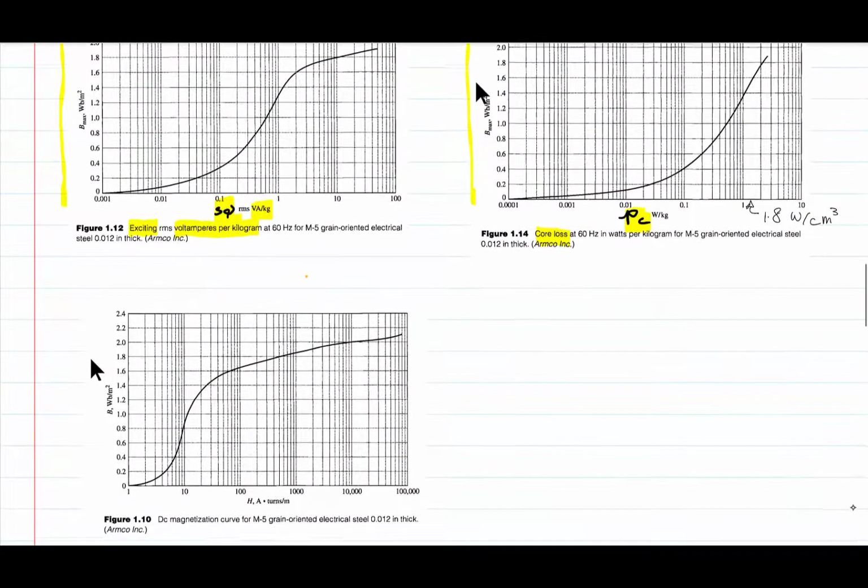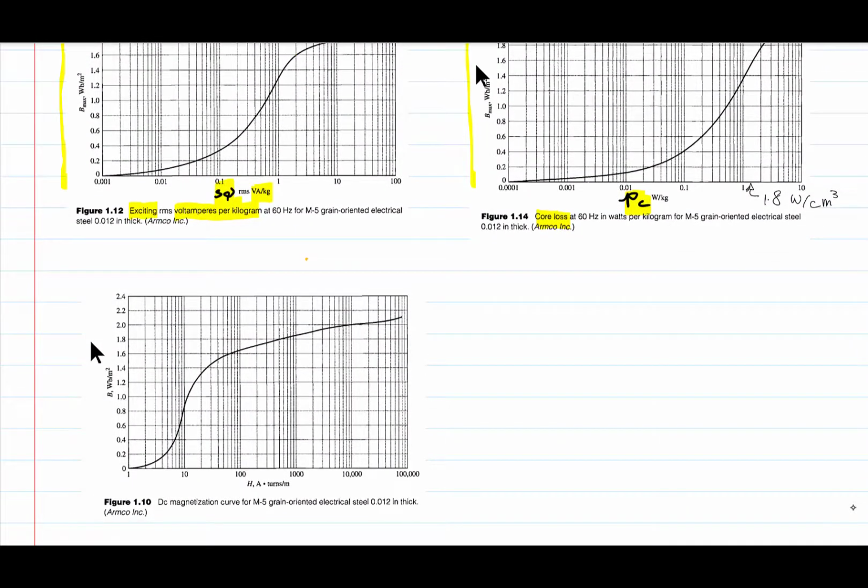Another important thing that we can use is the BH curve. We have here on the y-axis B in Webers per meter squared or Tesla, and H in ampere turns per meter. This is also referred to as a DC magnetization curve. But what does it really give us? It can be confusing, but remember that you can use these core structures with DC inductors as well.